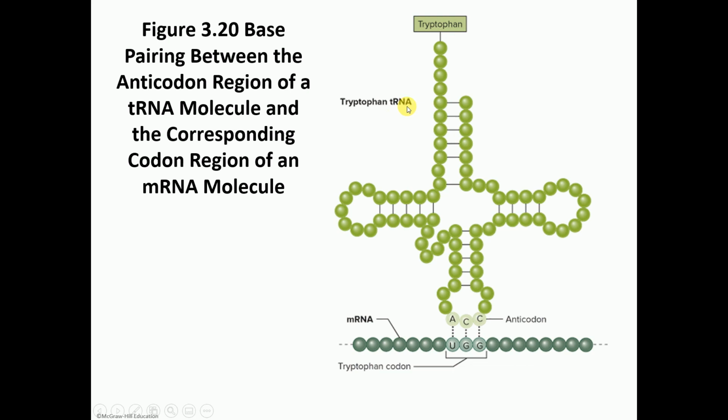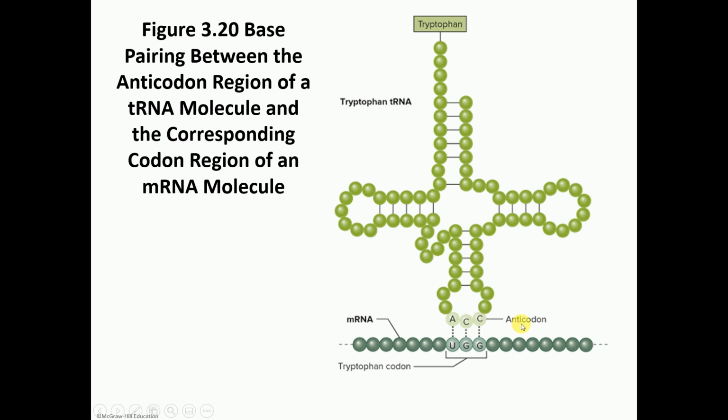Now, transfer RNA has a little area at the bottom that is a mirror image of these codes. So the code on your messenger RNA is known as a codon. The mirror image on the transfer RNA is known as the anticodon.